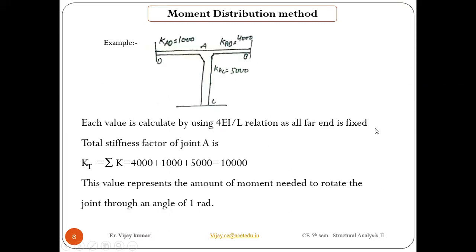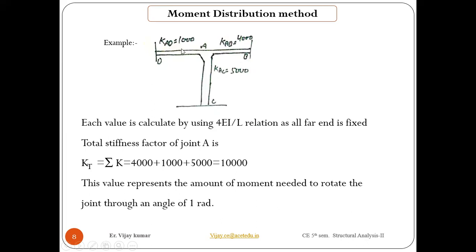So let's do it. This is the example I'm trying to use to explain the point mentioned on the previous slide. There is a point A here, which is connected to members. This is the point I'm looking into. Their far ends are B, C, and D, and their individual stiffnesses are given.